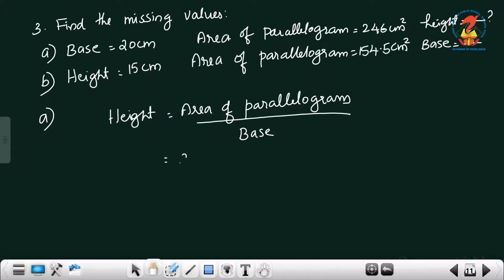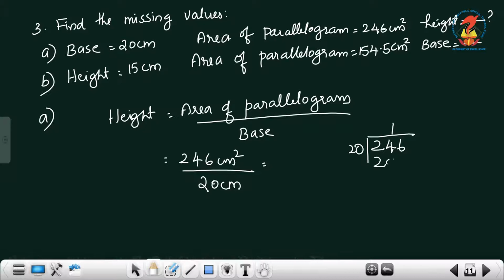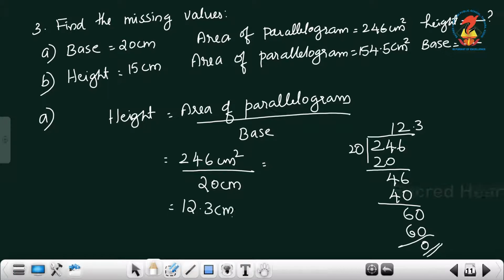What is the area of parallelogram? 246 centimeter square divided by 20 centimeter. 246 divided by 20. 1 time 20, 46, 2 times 40, 6, decimal point, 60, 3 times. Answer: 12.3 centimeter.